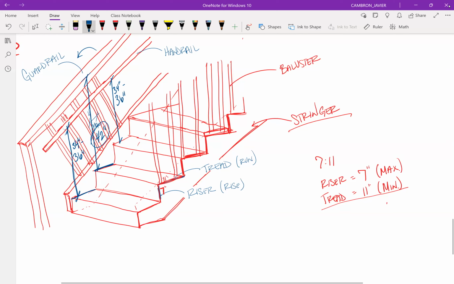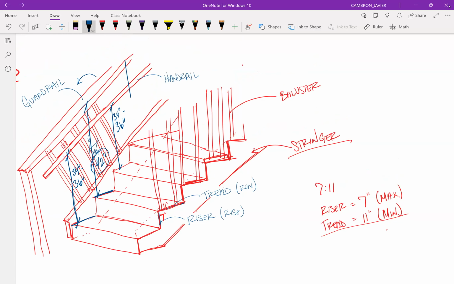Maybe it's easier to see. Now the guardrail height is true for any guardrail. We'll place guardrails not just on staircases, but say on balconies. So all of the guardrails are going to be 42 inches minimum.